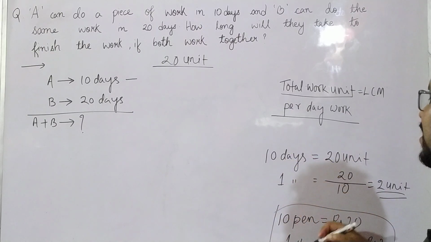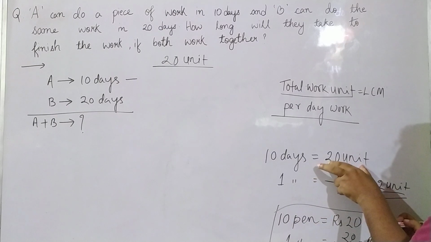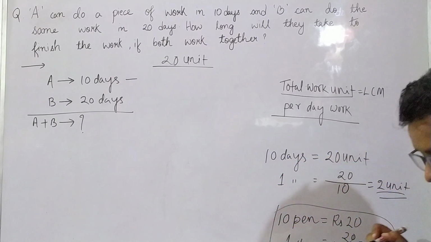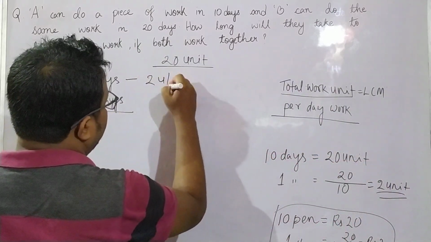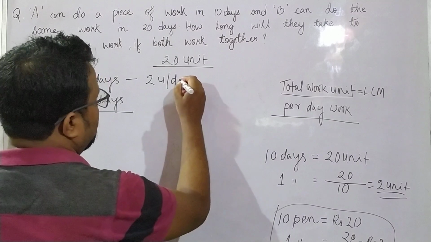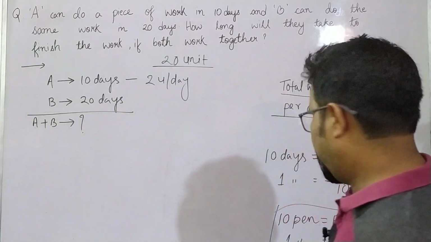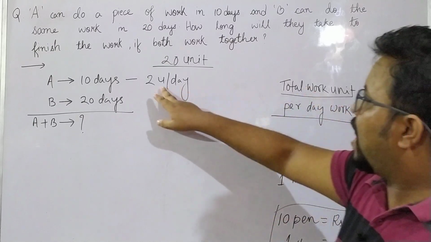Like that, in 10 days I have to do 20 units. In 1 day I have to do 2 units. So A is doing 2 units per day. Per day work of A is calculated.